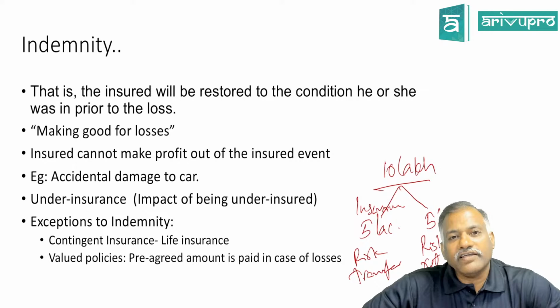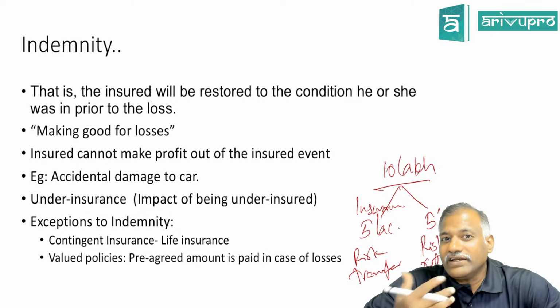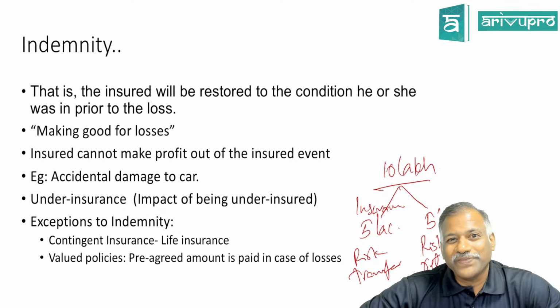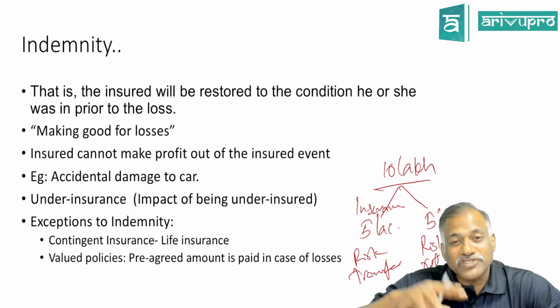The balance 5 lakhs, I have retained it. So when I retain 5 lakh, the loss is on me. The insurance company will not bear it. So it is coming under underinsurance. When I have a 10 lakh asset and 5 lakh insurance, it is underinsurance because the balance 5 lakh is on me.